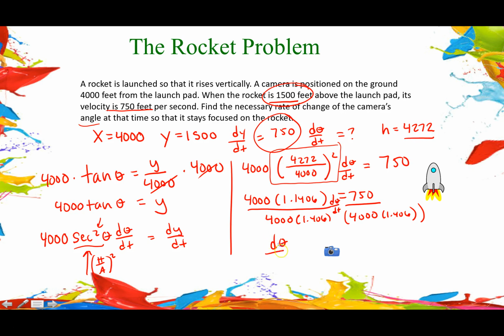My d theta dt is equal to 0.1333, and that's going to be radians per second. If we want, we can go ahead and convert that into degrees by doing 0.133 times 180 over pi. And that gives me 7.64 degrees per second.